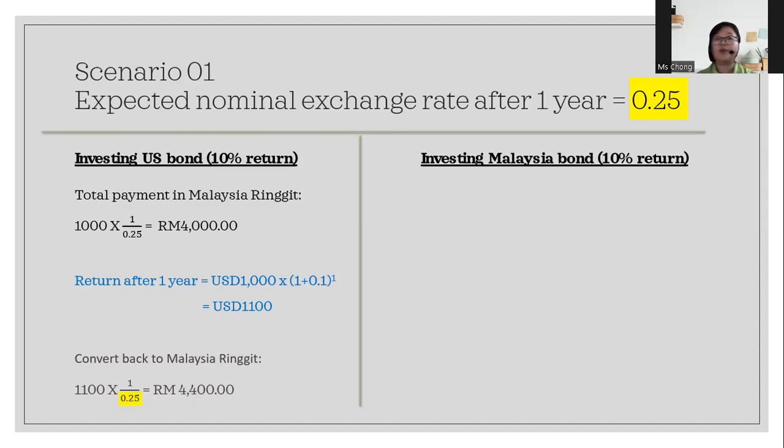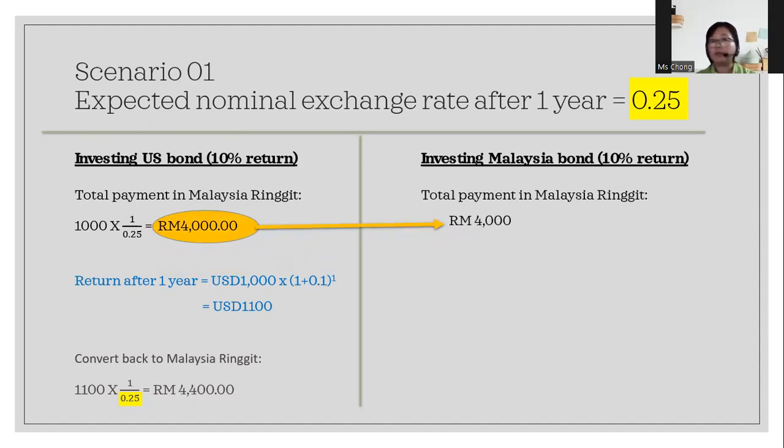Now we compare with the 4,000. If I didn't buy the US bonds, I would use this 4,000 to buy Malaysia bonds. In Malaysia, I also get the 10% return. So what is my return after 1 year if I buy 4,000 in bonds in Malaysia?